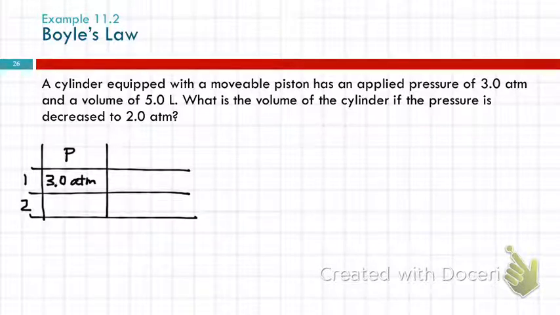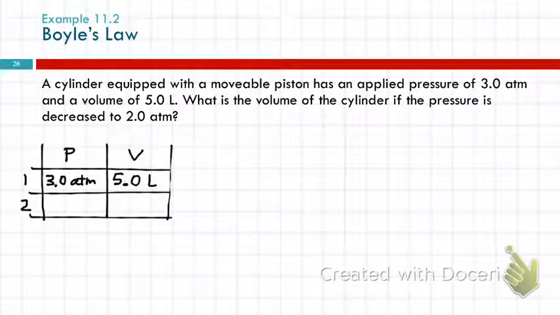So I'm going to call both of those situation 1. So 3 atmospheres and 5 liters. Liters is a unit of volume. This is the volume column. You with me so far?